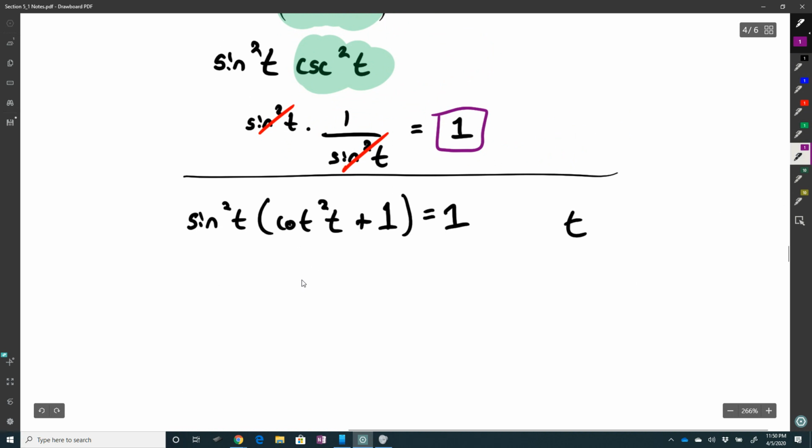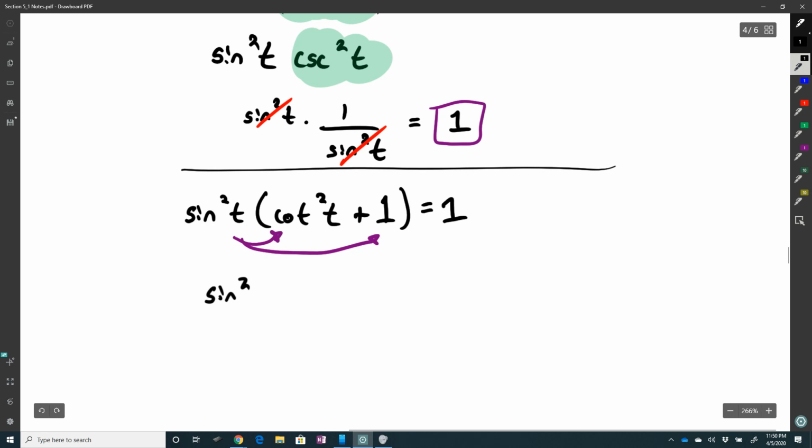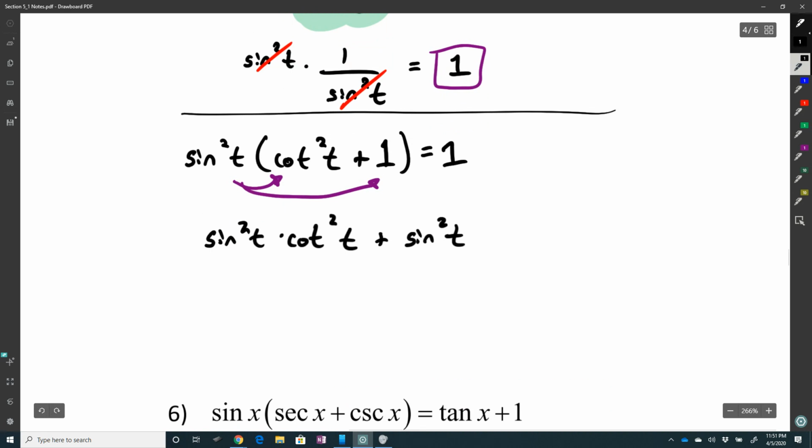Anyway, so if we distribute, we have sine squared times cotangent squared plus sine squared. Remember, I'm not allowed to work on the 1. And we have sine squared of t.